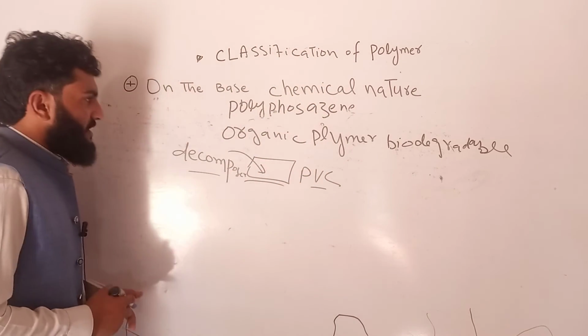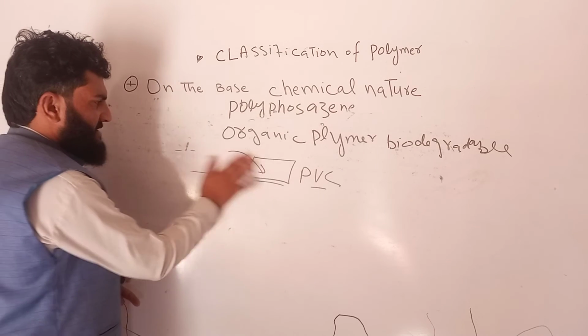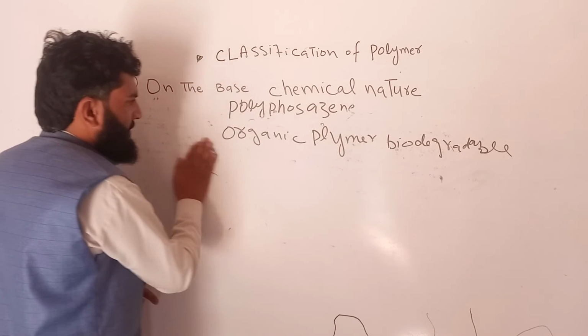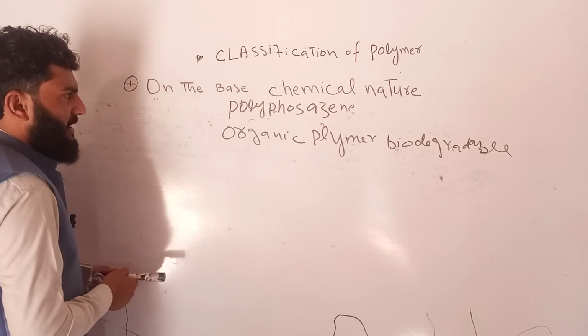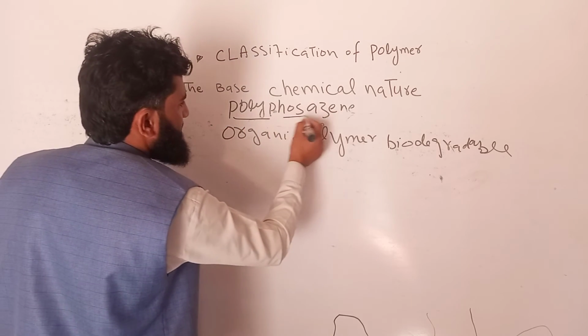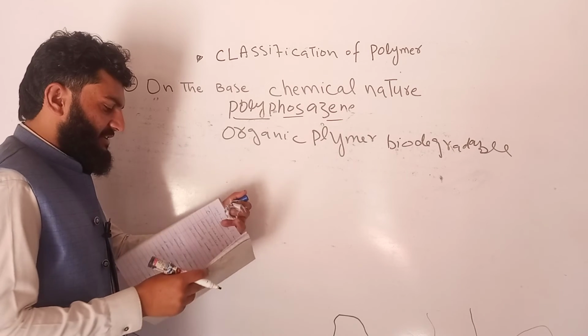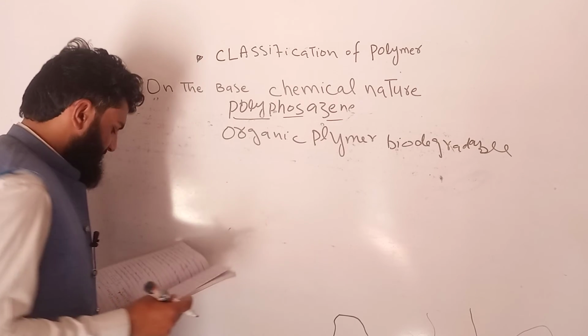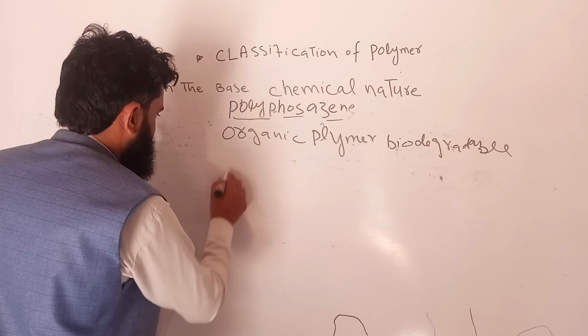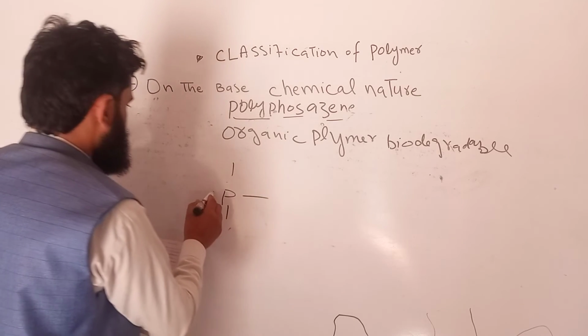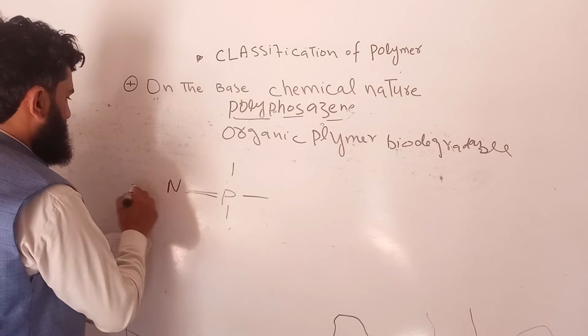Okay, so we are going to another example of inorganic polymer, that is polyphosphazine. The general formula of polyphosphazine can be written as, clear, here is nitrogen.